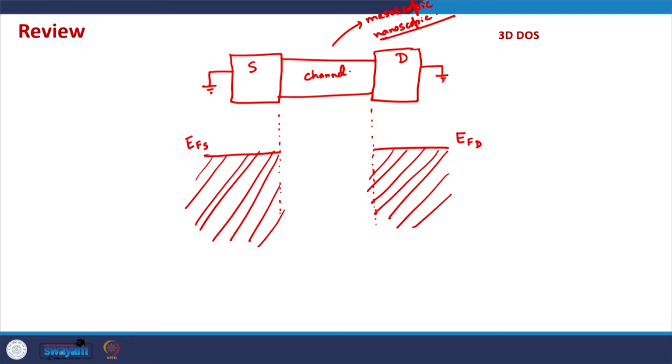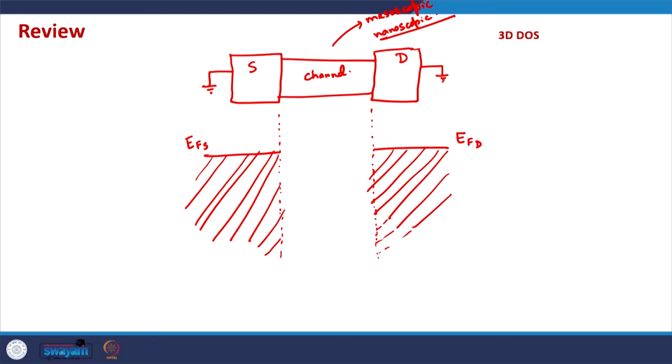So, let me take a moment and explain what equilibrium is. Equilibrium is used not only in electronic systems, but in almost all systems. Equilibrium is the state of a system where each and every process has a corresponding counter process.